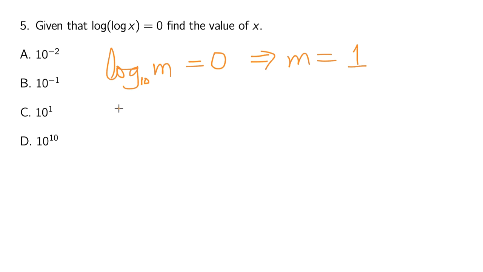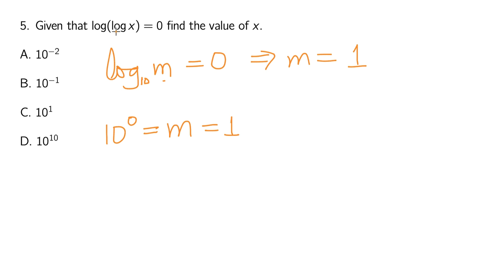Any number to the power 0 is equal to 1. So that's how we get that, and it doesn't even matter what the base is. Whenever you have a log of some number being equal to 0, that number must be 1.